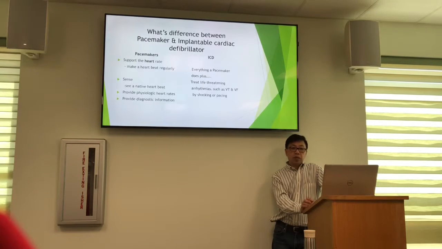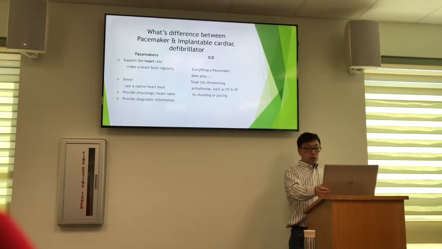Most of the time, the pacemaker will just sit there to sense your rhythm. If it does not sense your atrial rhythm, it will fire for you. If the device senses the atrial signal but does not sense the ventricular signal, it will fire in the ventricle after the atrial signal.